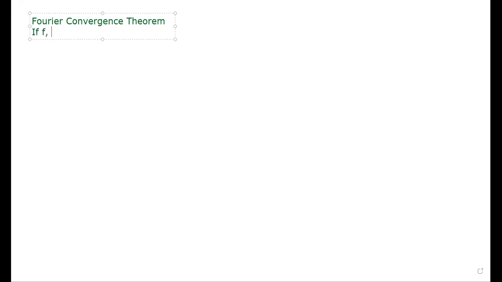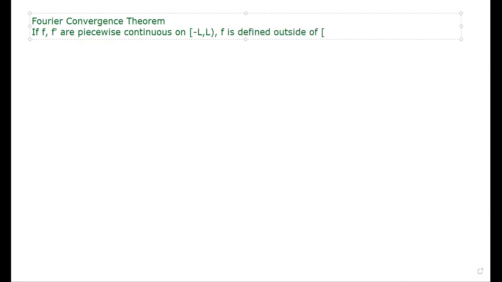We have f and f prime are piecewise continuous on the interval negative L to L, and f outside of the same interval is periodic with period equaling 2L.